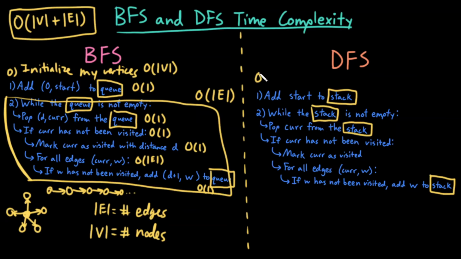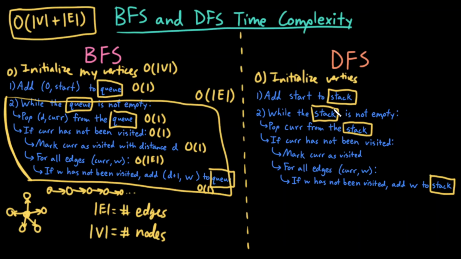Similarly, for DFS, I would probably have some initialize the vertices step. So initialize all my nodes. This says vertices here. And notice that the algorithm is identical, except instead of using a queue, I'm using a stack.